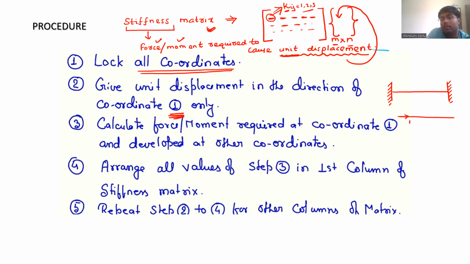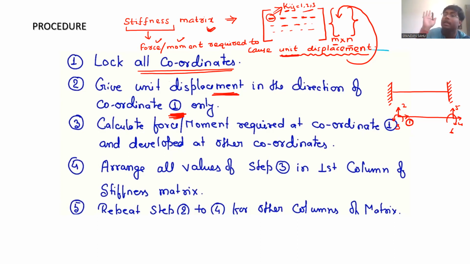This is 1, 2, 3, 4, 5, and this is 6. If they are asking along 1, you have to provide unit displacement in the direction of coordinate 1 only. Coordinate 1 represents the kinematic indeterminacy of the given joint.